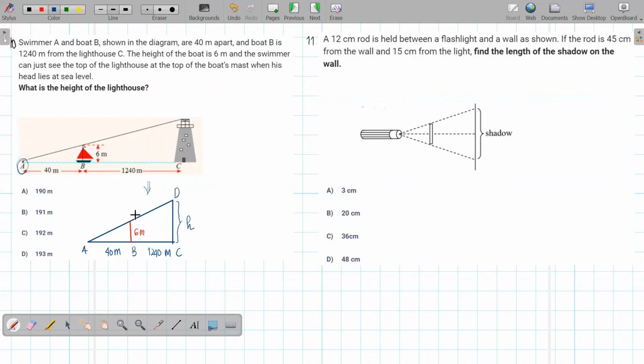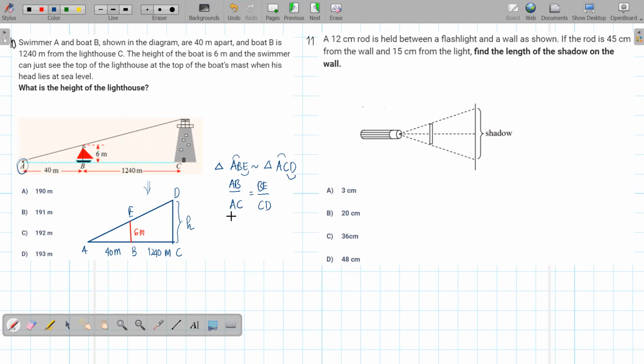We have D and then E. The triangle ABE is similar to triangle ACD, and therefore AB over AC equals BE over CD.